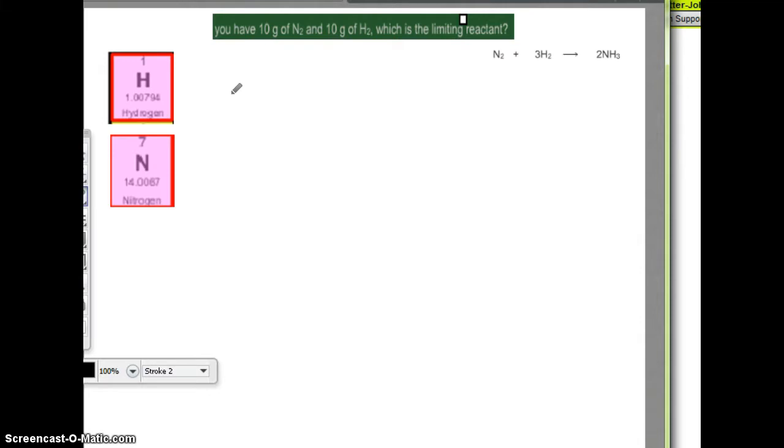So we have 10 grams of N2, 10 grams of H2, and so same thing we always do. We start out with what we know. We know we have 10 grams of hydrogen. We make it a fraction, put it over 1. What has to go on the bottom of our next fraction? It has to be grams of hydrogen. And again, we want to convert to moles.